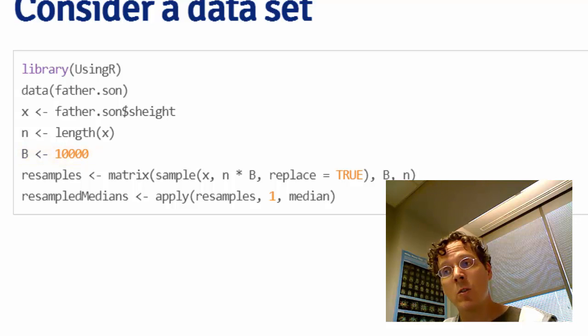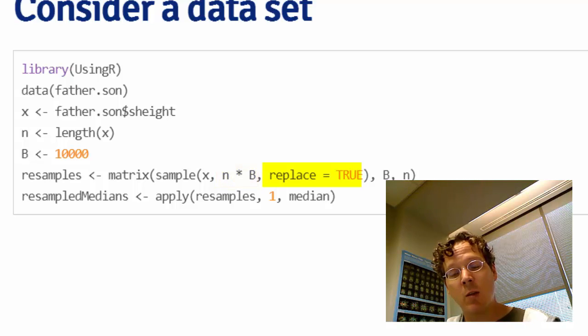So what I'm going to do now is the sample command. So when I say sample X, that means draw from X, N times B, the number of resamples, where in every case, because I put replace equals true, every time I take an observation, I take a son's height out of the bag, I put it back in.